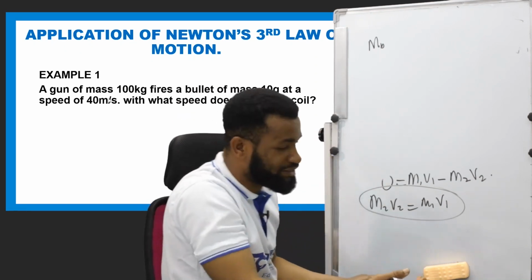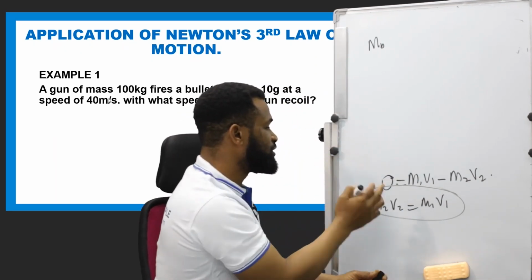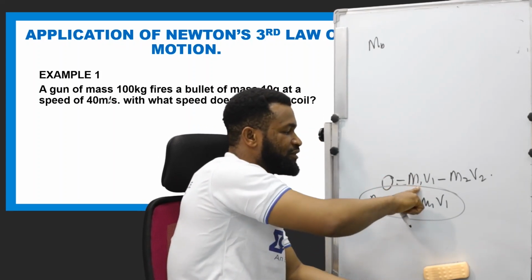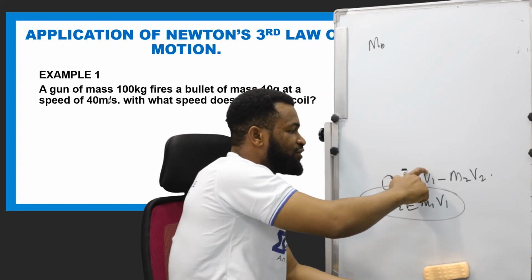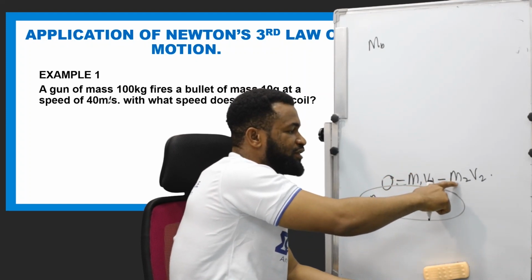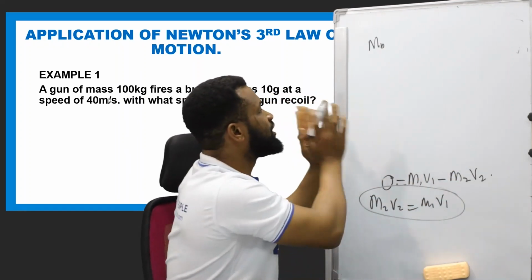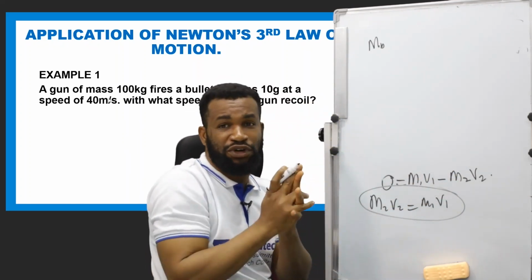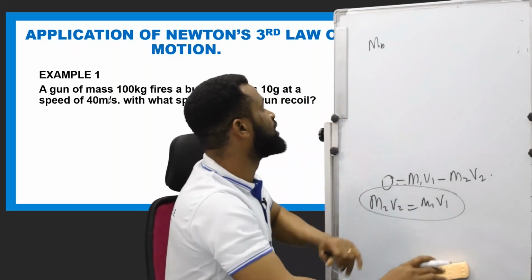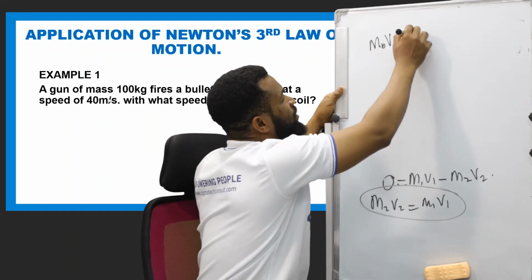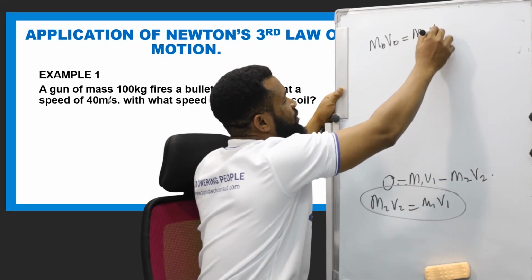We are saying that the mass of the bullet and the velocity of the bullet minus the mass of the gun and velocity of the gun. So that means they are just equal to each other. The mass of the bullet and velocity of the bullet is going to be equal to the mass of the gun and velocity of the gun.